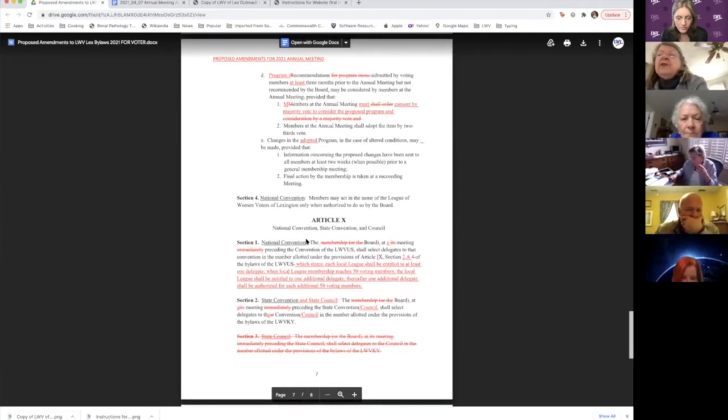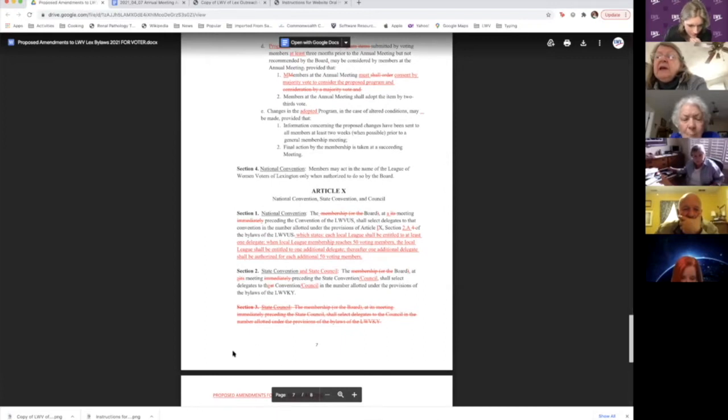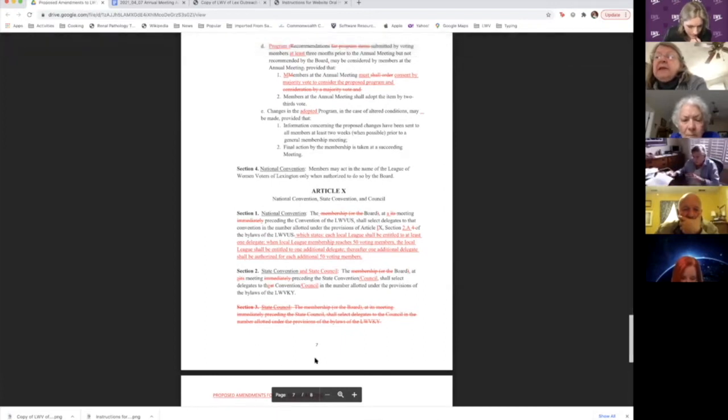Program recommendations: each year we have a planning committee meeting and adopt programs. This just cleans up some of the requirements for that. And Article 10 just puts us in compliance with national's rules about representation at convention.